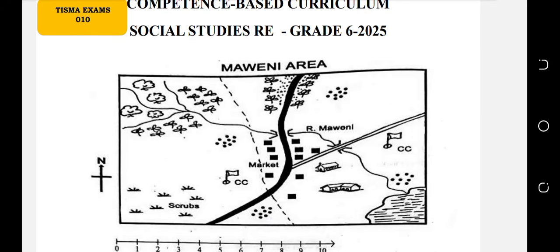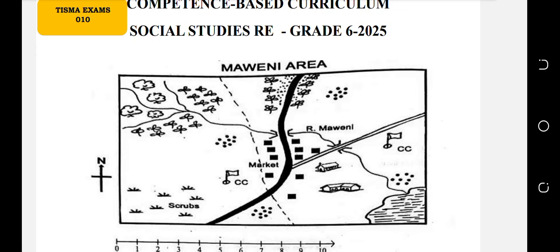We look at the highest point. The highest point is northwest, and the lowest point is southeast. How do you know this? We can see the river flows from the highest point to the lowest point, and the lowest point is where we have the lake.